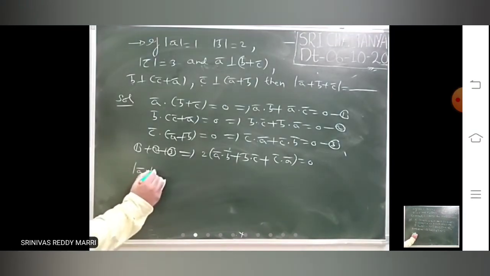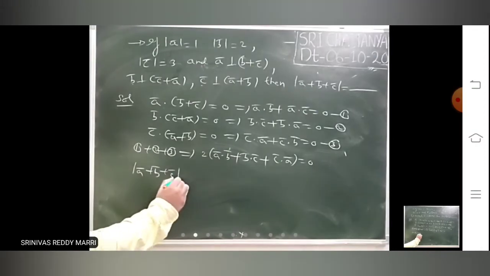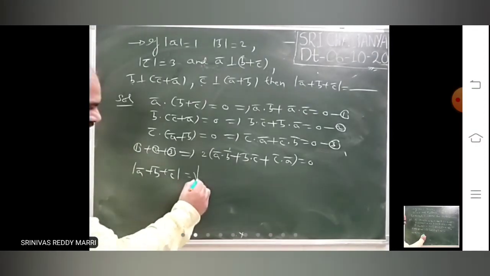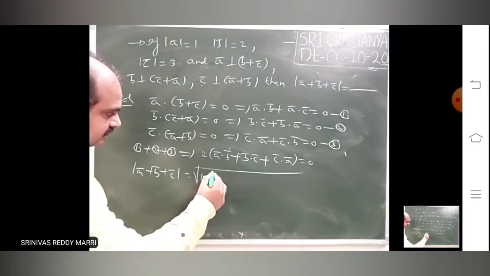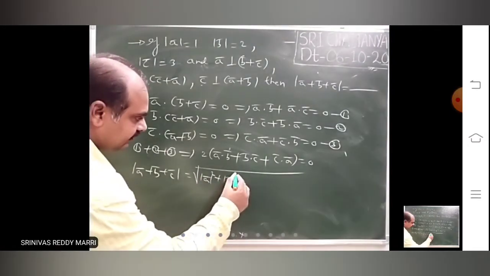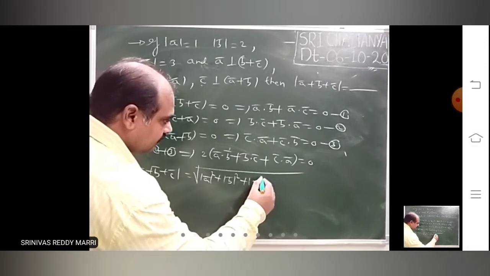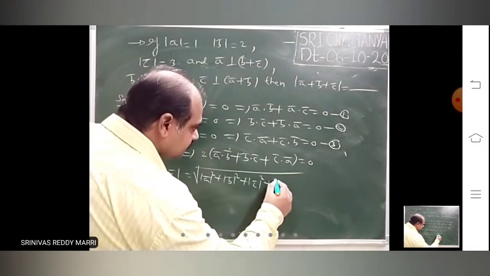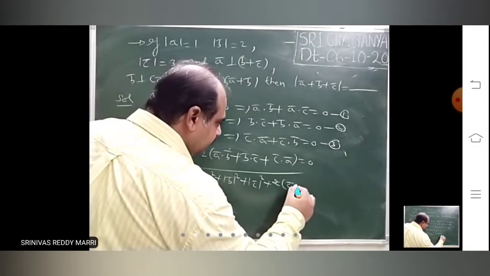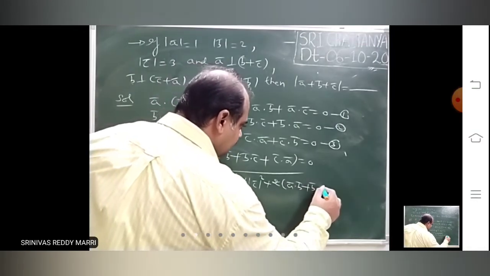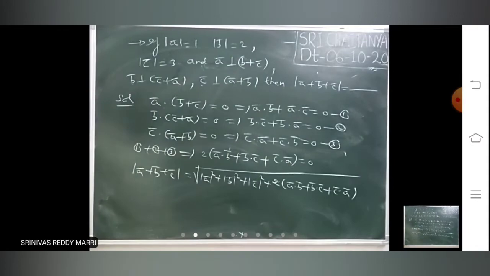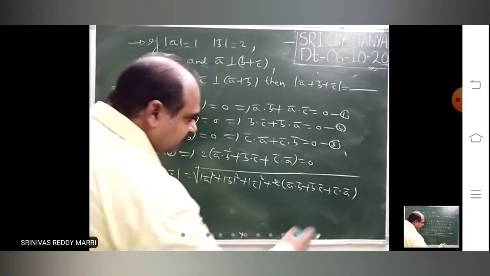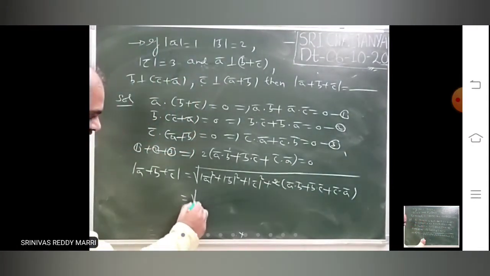What is the formula I told for modulus of a bar plus b bar plus c bar? Magnitude: modulus of a bar square plus modulus b bar square plus modulus c bar square plus 2 into the dot products. This is the formula. Now this is 0 from the given information.